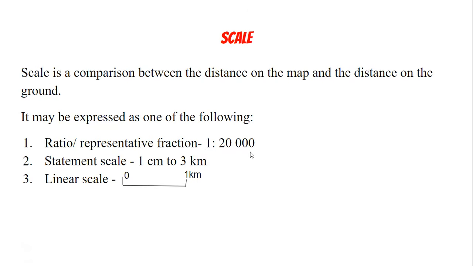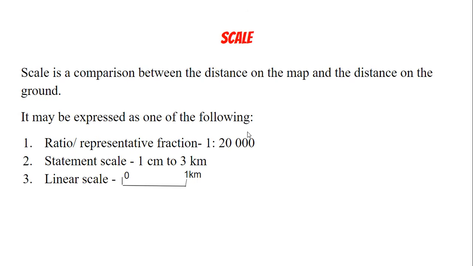It would take the unit that is being used on the map. So whether it's in centimeters or in inches, if the distance being used on the map is in inches, then what this would mean is that 1 inch on the map represents 20,000 inches on the actual ground.